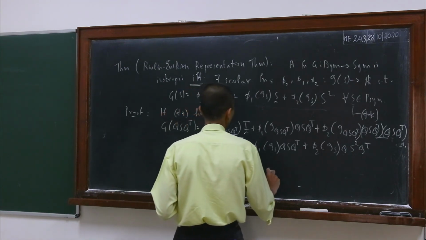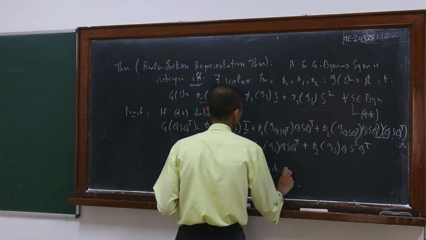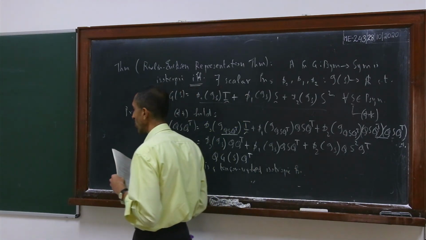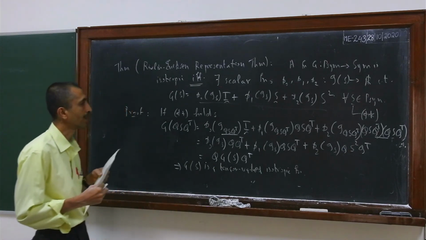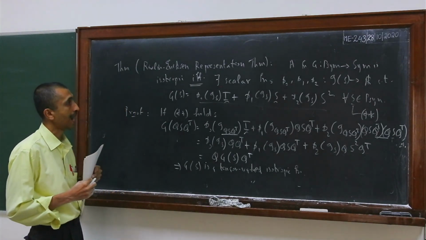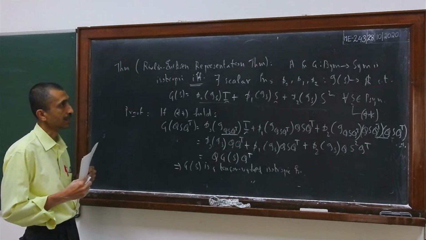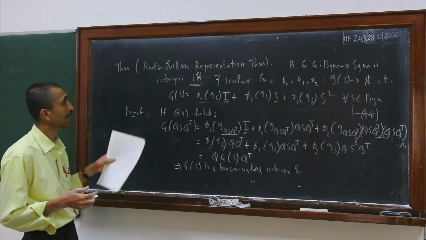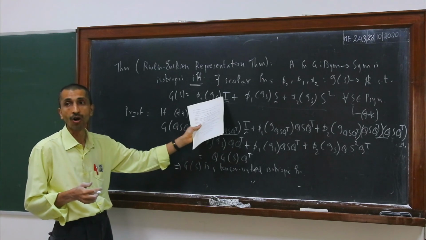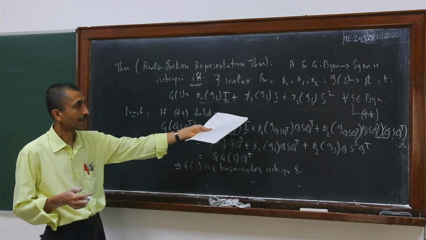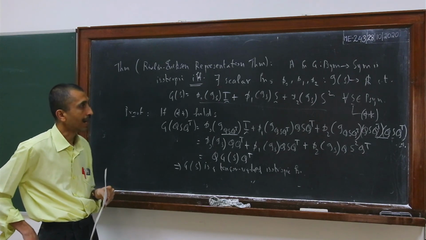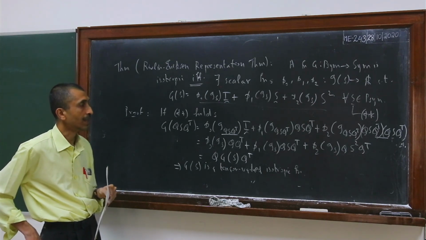The converse is of course much more difficult. What we want to show is that if g is a tensor valued isotropic function, then it has to have this particular form in double star, and that is much more difficult to prove. So that I think we will prove in the next class.